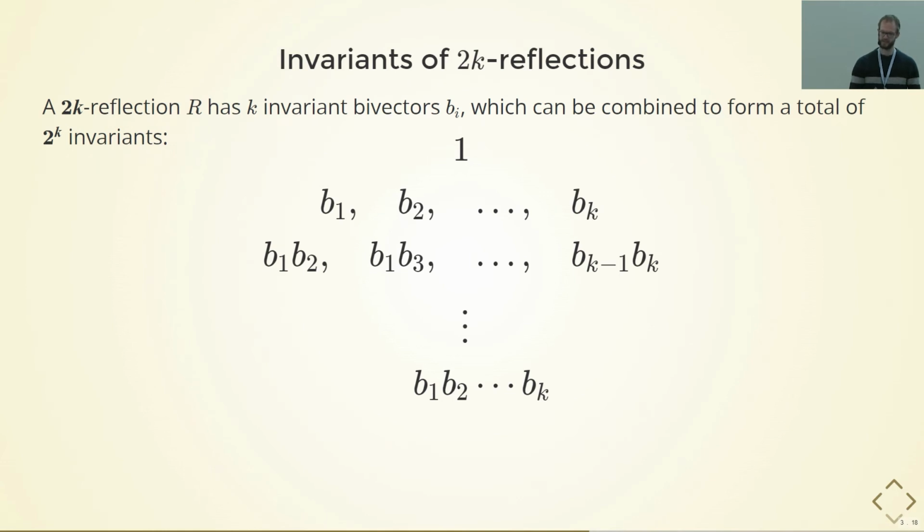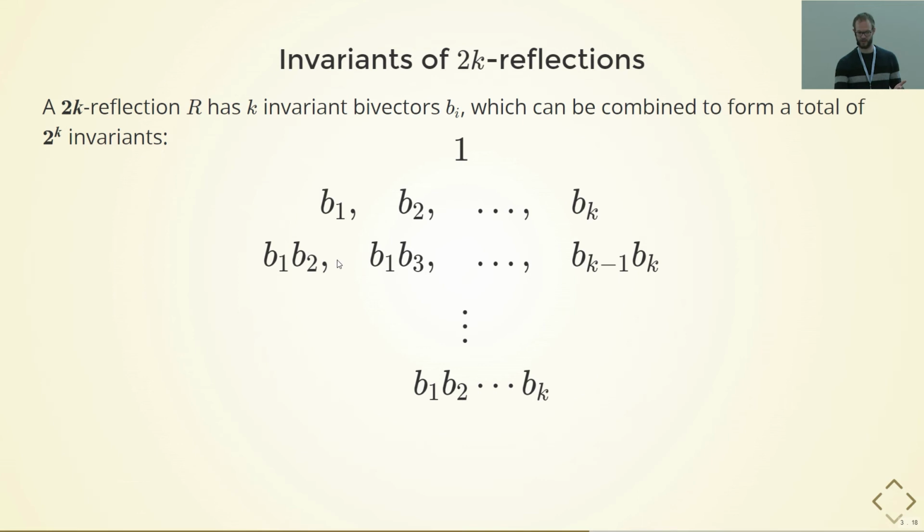And lastly, something I want to point out is that for a 2K reflection, you take the bivector part and split it into k different commuting simple bivectors. So that's this first row here, B1, B2, up to BK. But now you can start making combinations of those, right? So you have k choose 2 pairs of these, which are again elements of geometry.